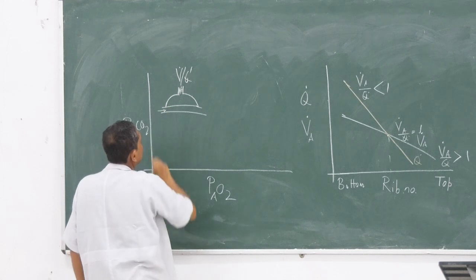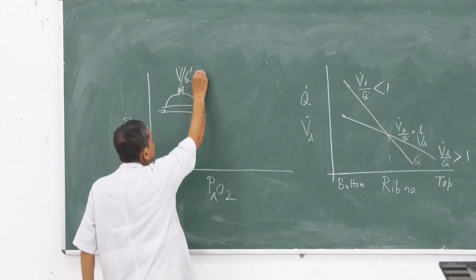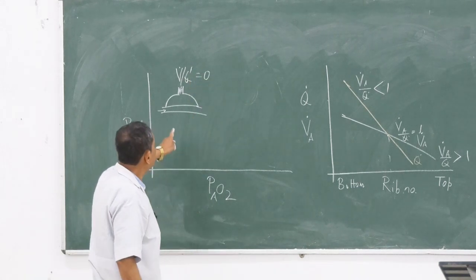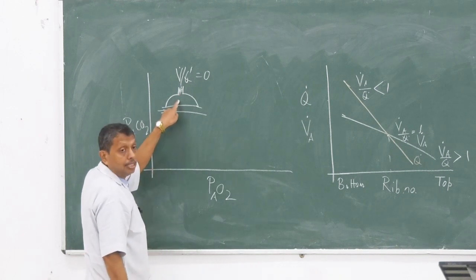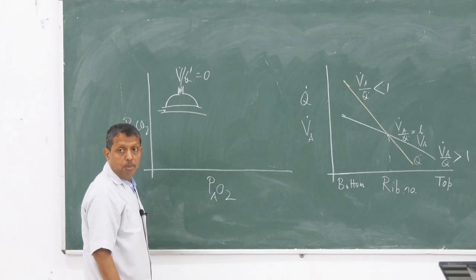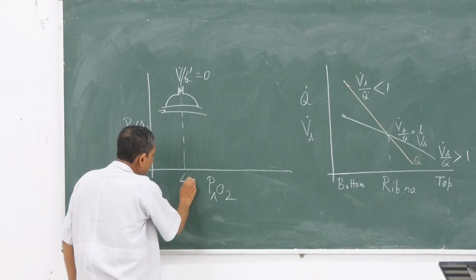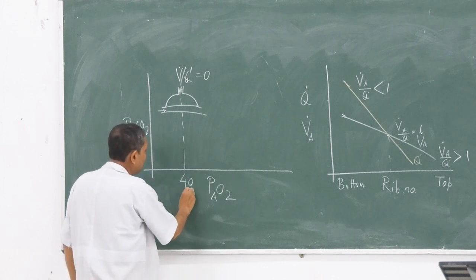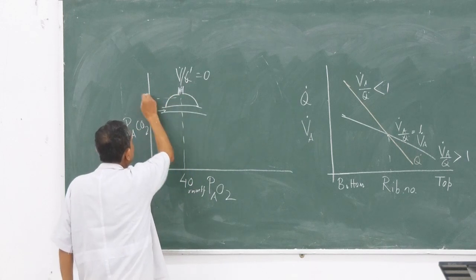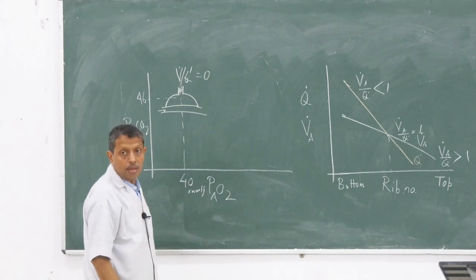it is the blood that is coming. Ventilation perfusion is zero at that point. And so the partial pressure within this is equal to mixed venous blood. The PO2 is 40 millimeter of mercury, and PCO2 is 46 millimeter of mercury. 40 and 46.